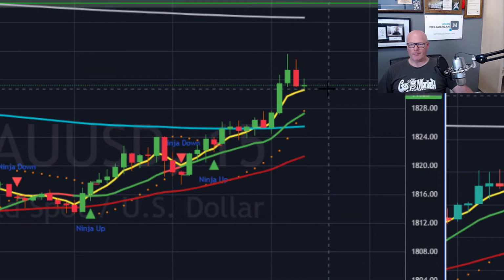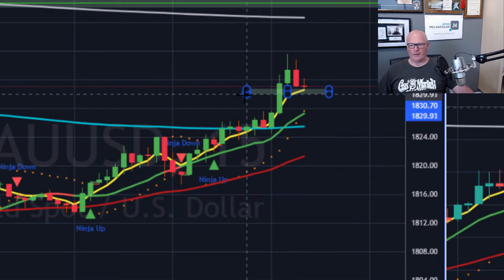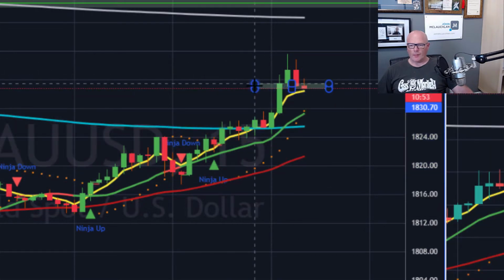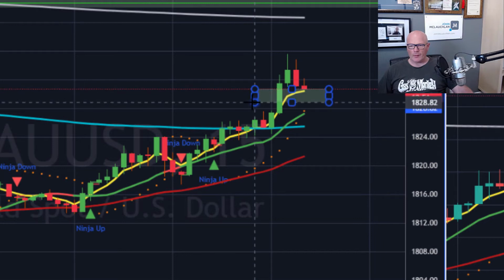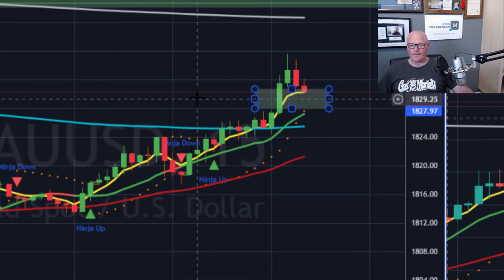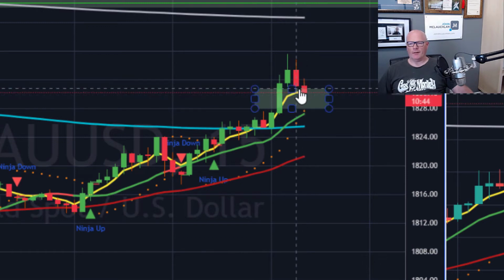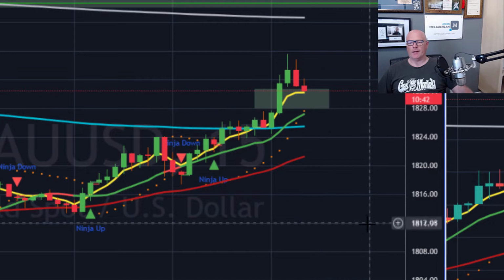Between the bottom of this wick and the top of this wick here, this is imbalance. And the price will, I'd almost guarantee it, at some point take out this imbalance and come down. But that's a small area of imbalance.